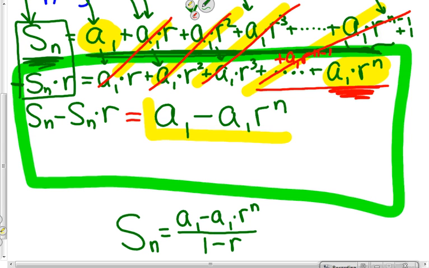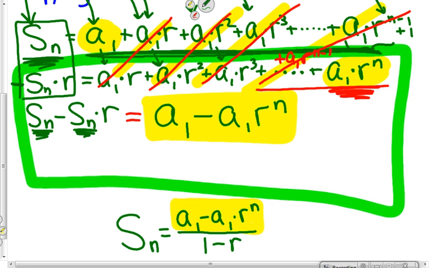Is this starting to look like the formula we want it to look like? We're really close, right? Is this the numerator of the formula we're trying to get to? Yes, it is. All we need now is its denominator. And here's a little trick. What do these two terms have in common?